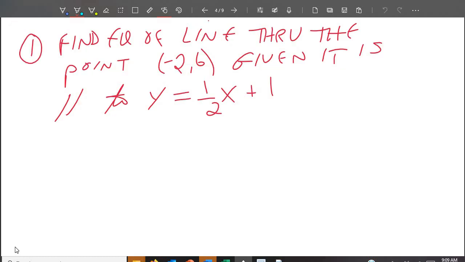All right, number 1 says find the equation of a line through the point (-2, 6), given it is parallel to the given line. Parallel lines have the same slope.